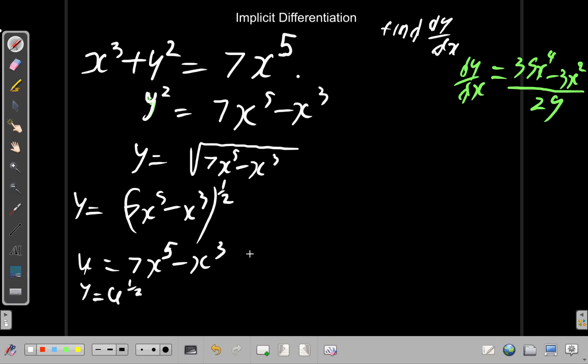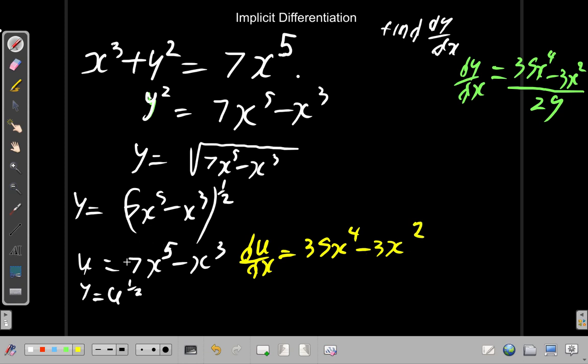Now du by dx. So du by dx would be 35x to the fourth minus 3x squared. You see that?